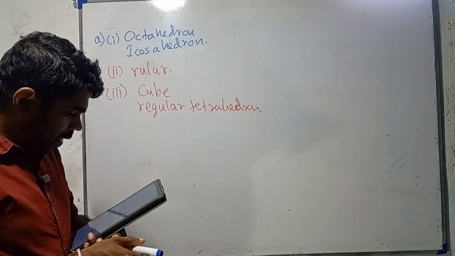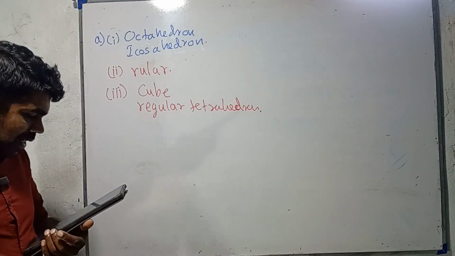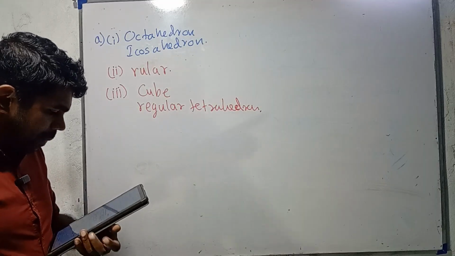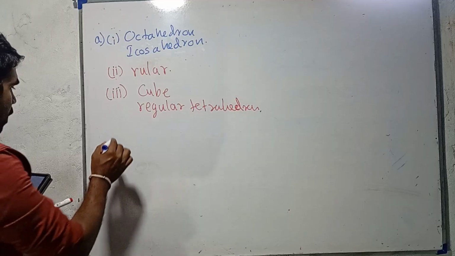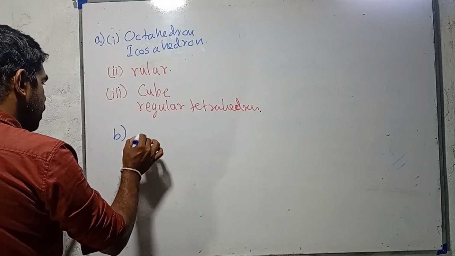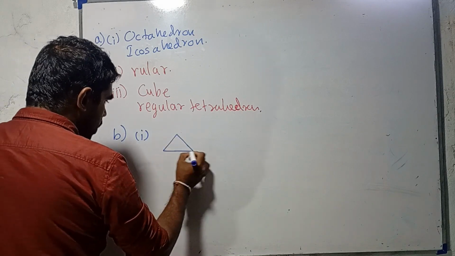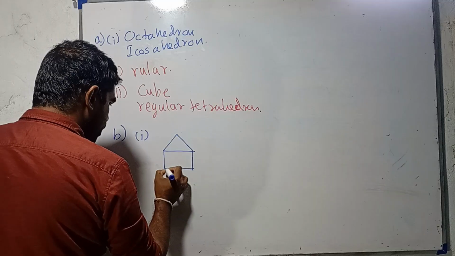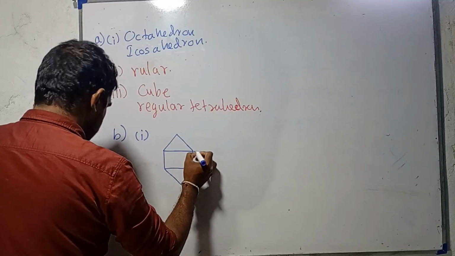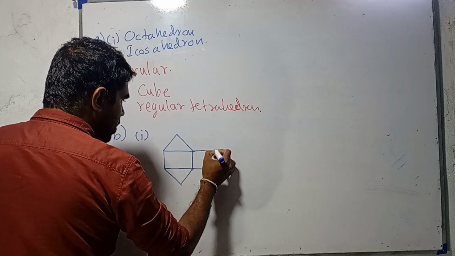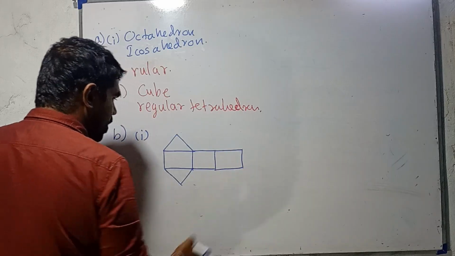Part 1. If the length of a side is 3 centimeters, find the perimeter of the figure. When finding the perimeter, we have to add all the boundaries. All side lengths are 3 centimeters.